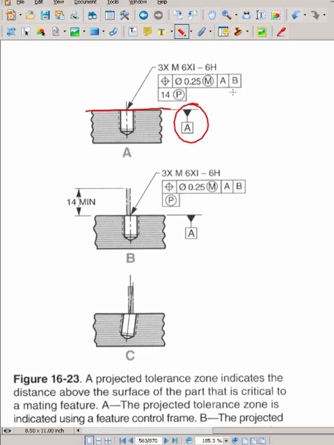The feature control frame references datum A and datum B, which we don't really see datum B just yet. The feature control frame also has a couple of modifying symbols, has a most material condition here, and provides a diameter zone of 0.25.